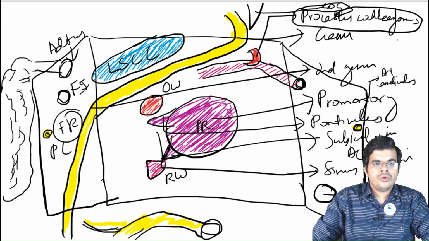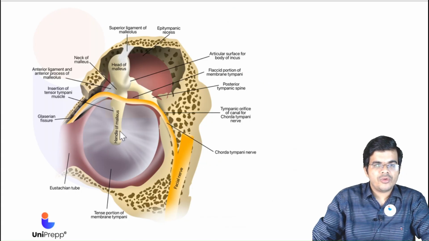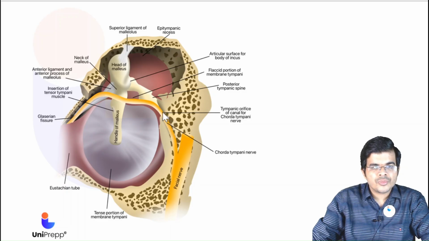Now you can see how the chorda tympani nerve comes through the posterior canaliculus. It goes through the middle ear between the handle of malleus and the long process of incus, like this, and then it goes between the middle fibrous and inner mucosal layer.